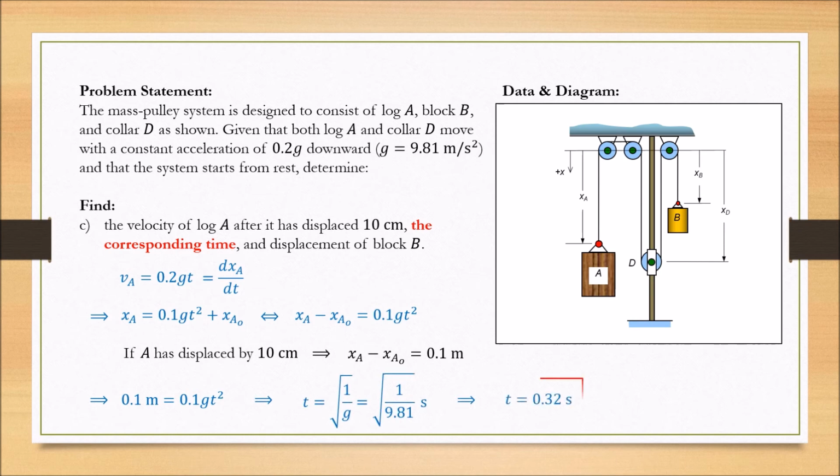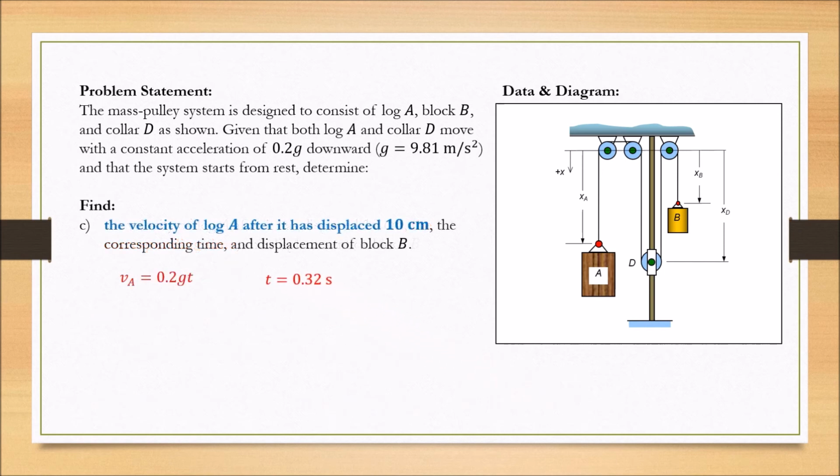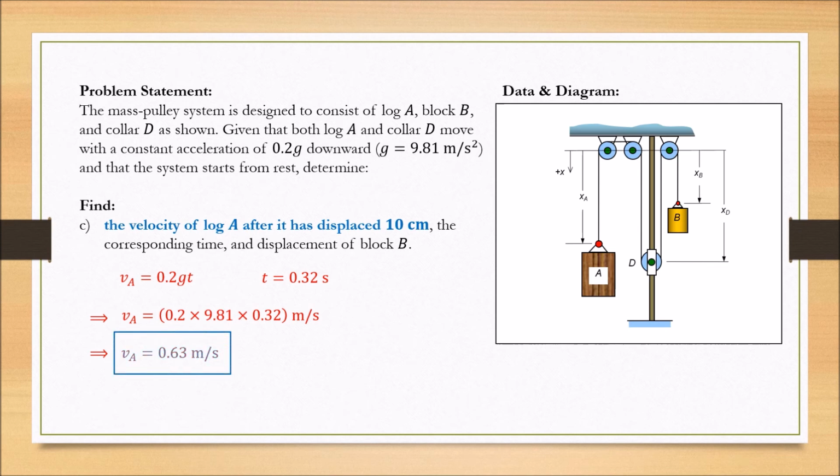From here, we obtain the value of t. t equals 0.32 seconds. So we obtain the time required for log A to move by 10 centimeters. We have the equation of velocity A, which is 0.2 gt, and then we have the time. So we just replace the t in the equation with 0.32 seconds, and we obtain the velocity of log A equals 0.63 meters per second.